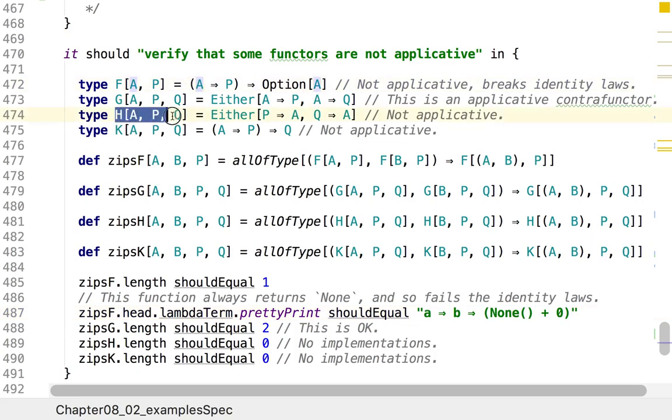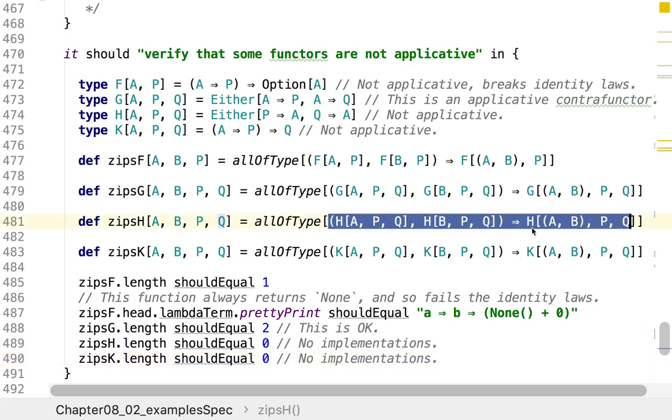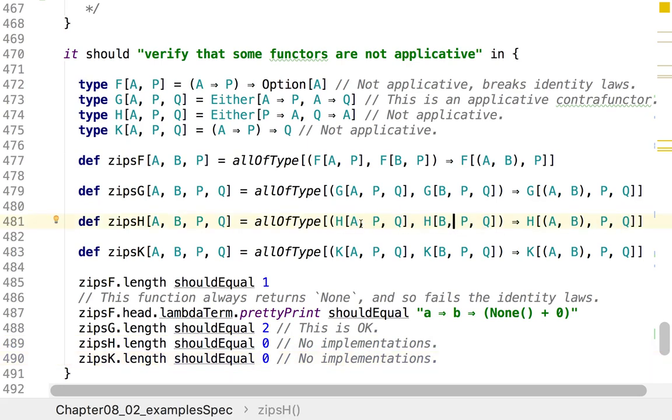And for these other functors, there's not a single implementation at all of this type. So those types could not be instantiated, could not be implemented by any code. So there's no code that's generic in all these parameters that implements this type signature, and also this type signature.